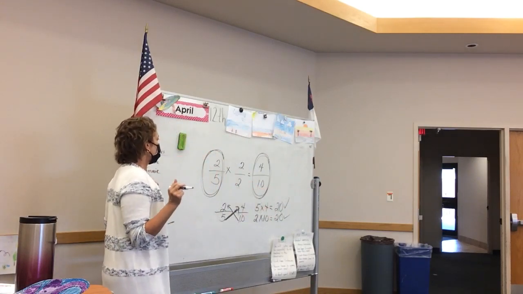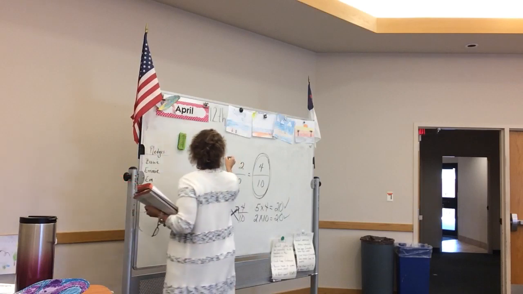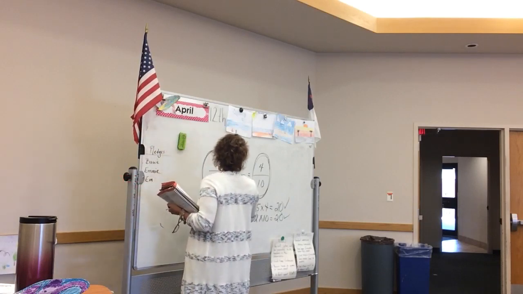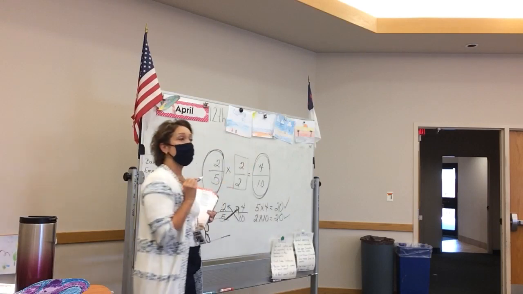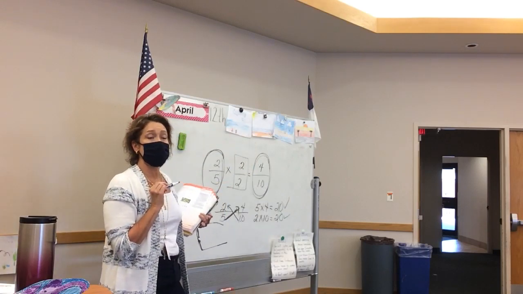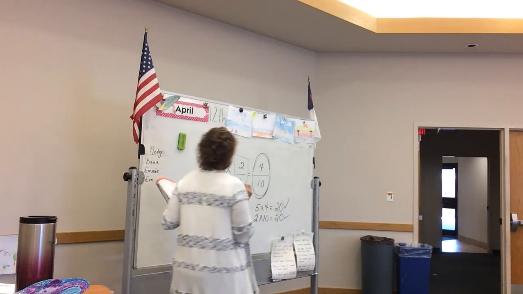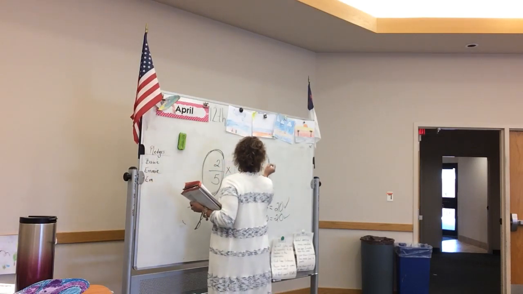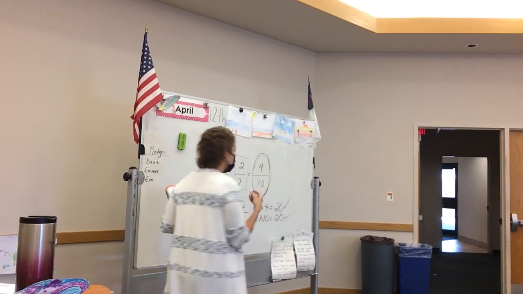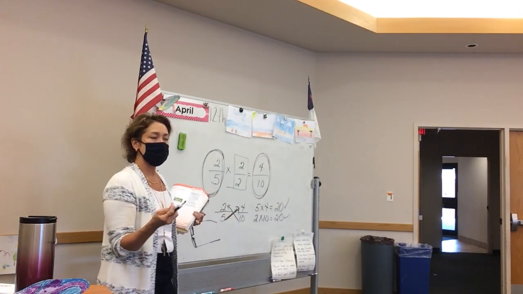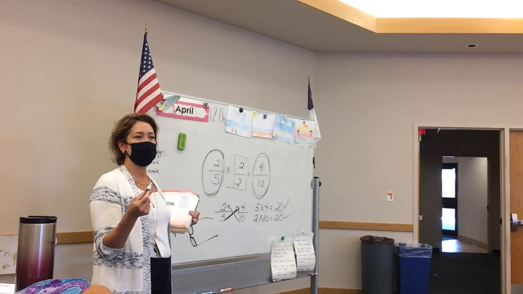So the first step is you have your equation. What are you going to multiply that with? Jonathan? 2. And then you multiply. 2 times 2 is 4. 5 times 2 is 10. And then you're going to check, are they equivalent? And you get to do the little cross multiplication.